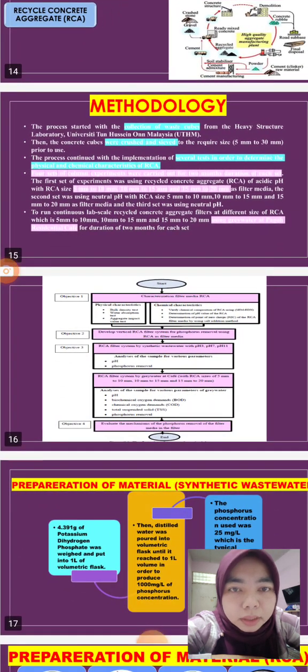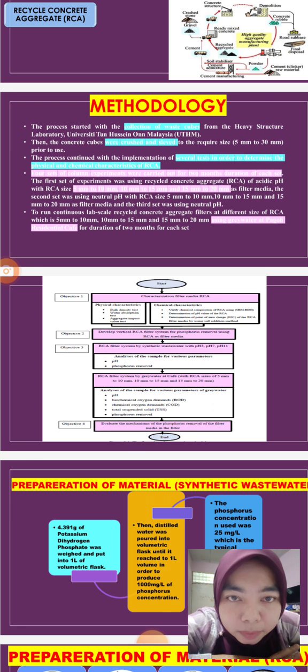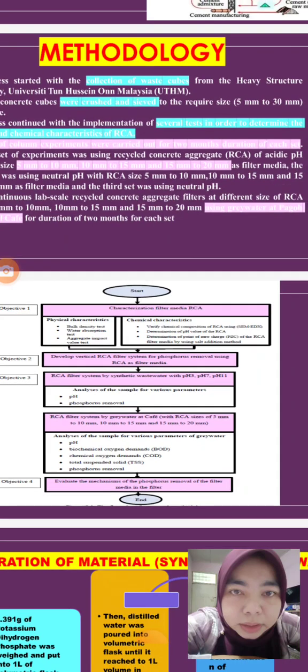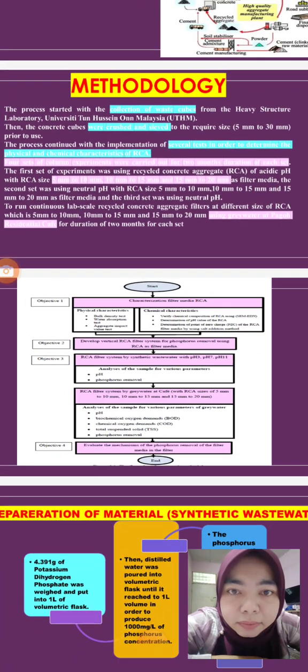Okay, next for methodology, the process started with collection of waste cube from heavy structure. Then the concrete waste is crushed to the required sizes. Next, the process continues with several tests in order to determine the chemical and physical characteristics of RCA.